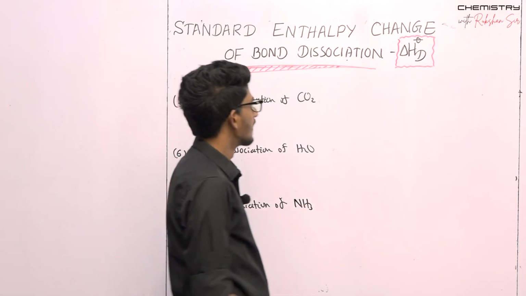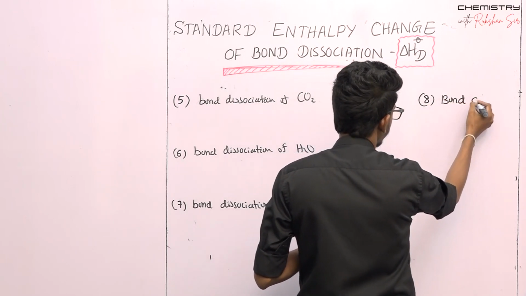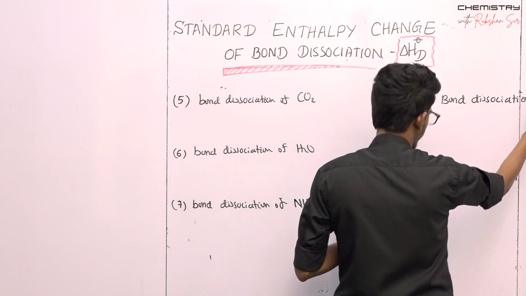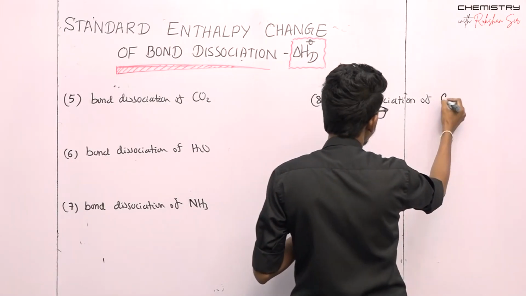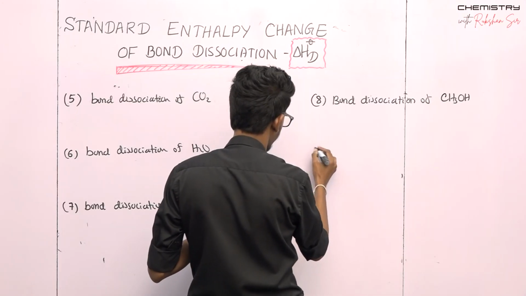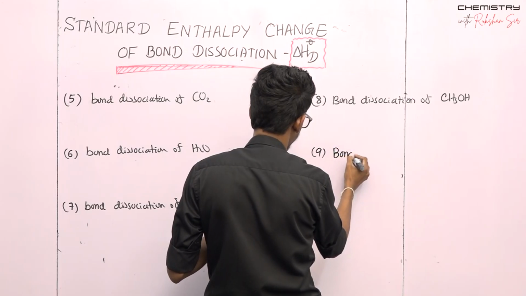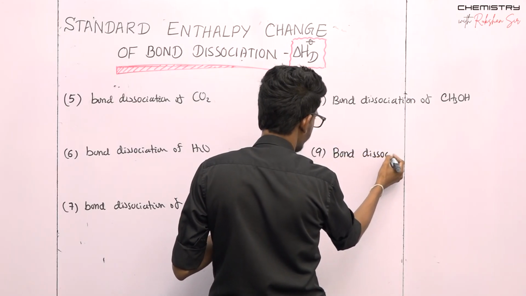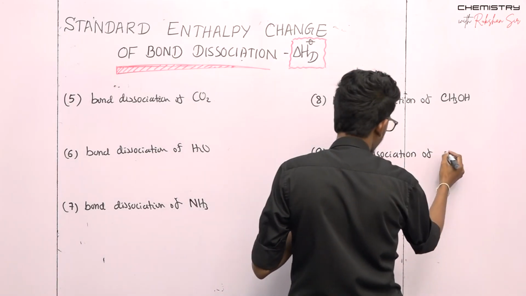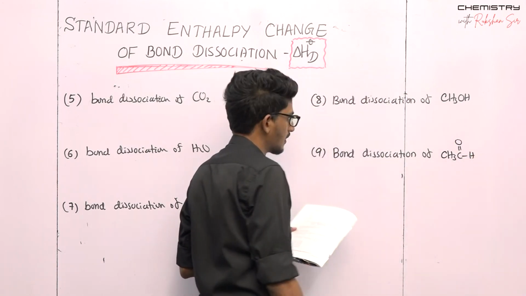Right? 8, bond dissociation of CH3OH. And finally, they're asking you to come up with the thermal equation for bond dissociation of CH3COH, no? Right.